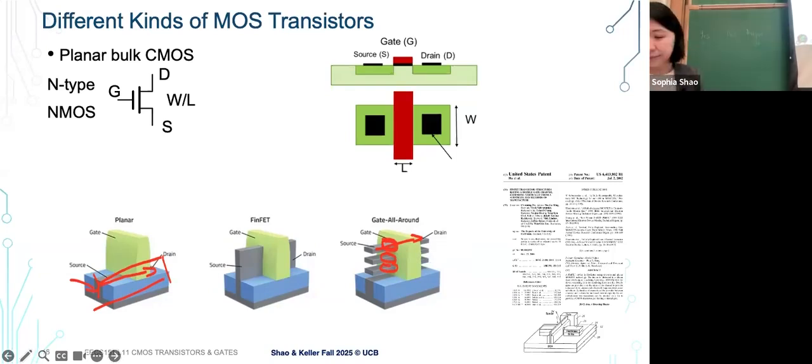So the gray part is going through, just underneath? Yeah, it's going through, so the top of the gray part is touching. Exactly, and the bottom too. So in planar, we're only getting at the channel from one side. In FinFET, we're getting at it from three sides. Gate-all-around, you get it from all four sides. And with multiple.